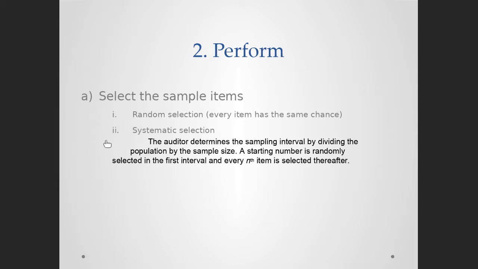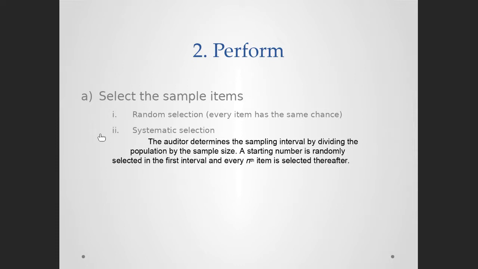The second method is systematic selection. Systematic selection is we generate a first random number, right? And we add an nth number to that first number, which we call a sampling interval, which is calculated by dividing the population by the sample size.